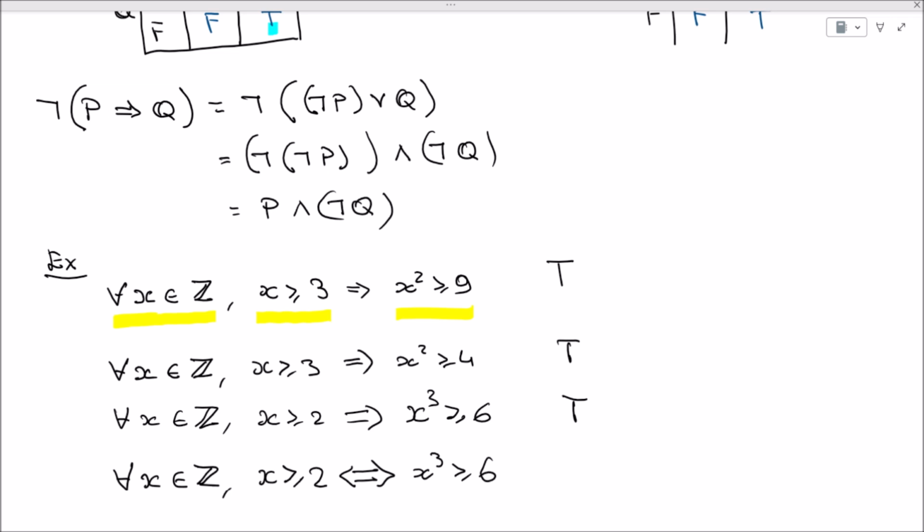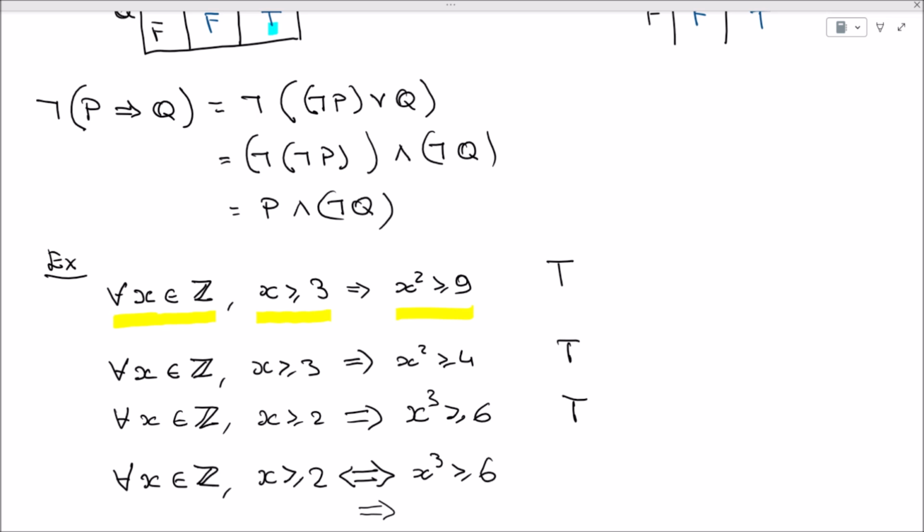Well, this is certainly true because definitely the implication from the left to the right is correct, because as long as x is larger than or equal to 2 and it is in the integer set Z, you can only consider 2, 3, 4, and therefore the x to the cube is larger than or equal to 6.